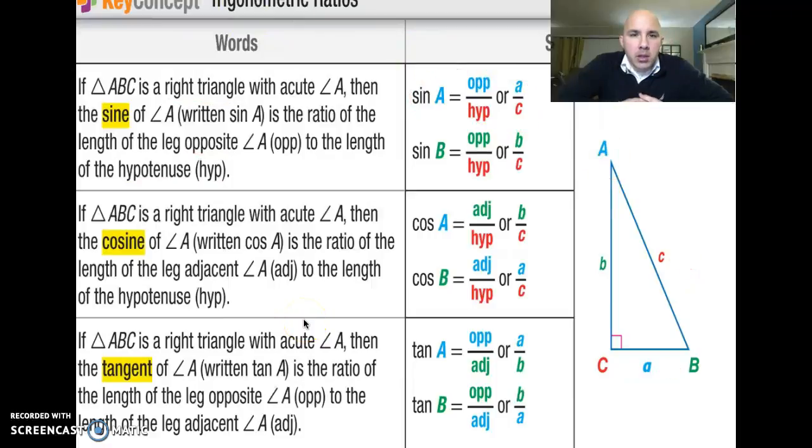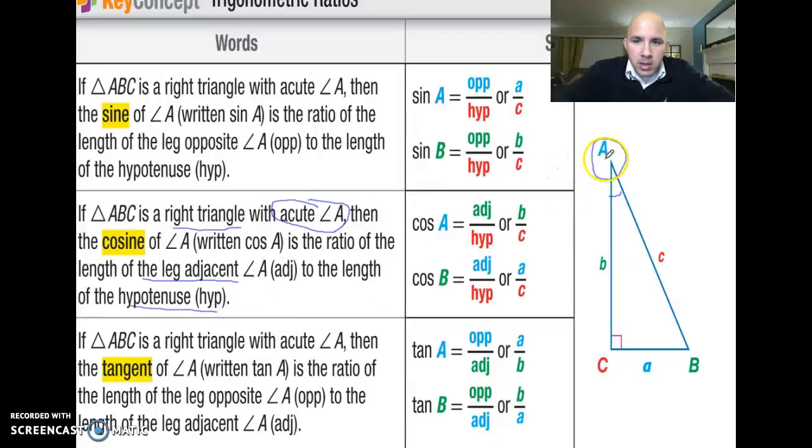For the second trig ratio, we have cosine. Again, it has to be a right triangle and an acute angle. In this case, we're going to specifically look at angle A. The definition says that if it's a right triangle with an acute angle A, then the cosine of A is the ratio of the length of the adjacent side to the length of the hypotenuse.